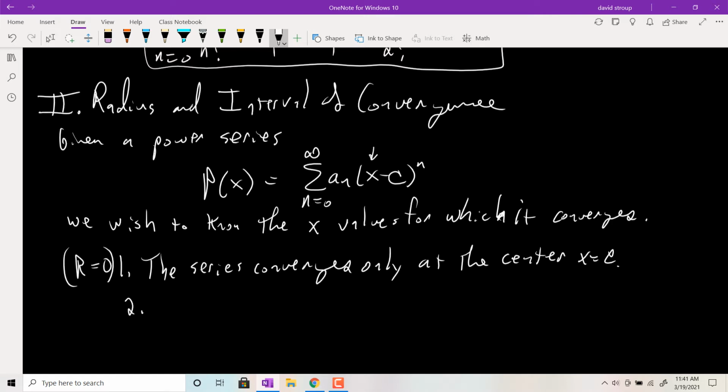The second case, you'll have some interval, so I'm just going to call that R. The radius is some number.